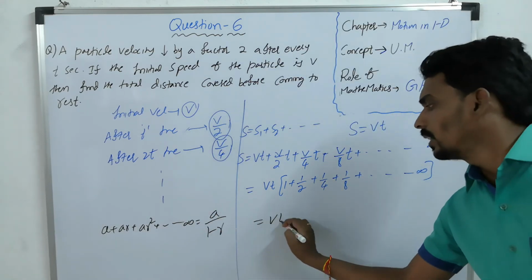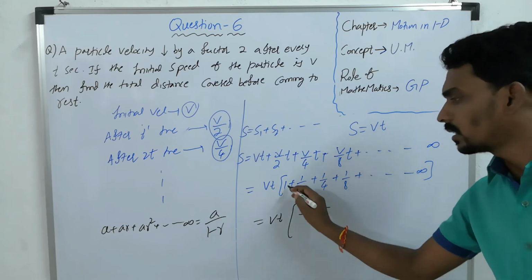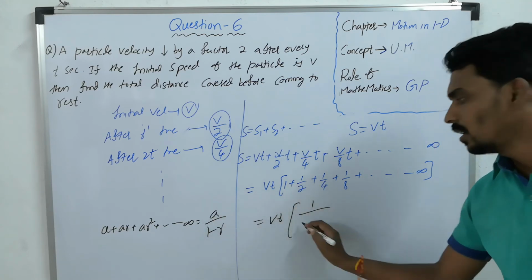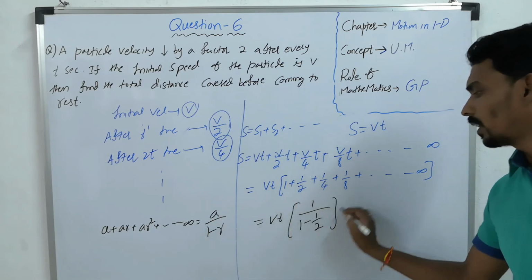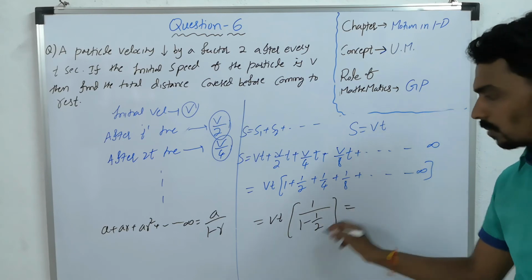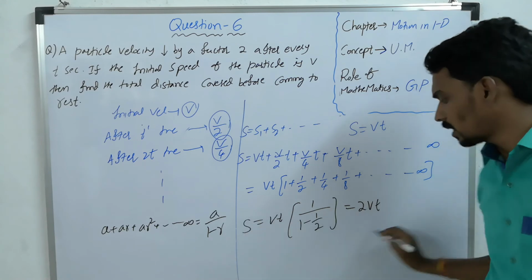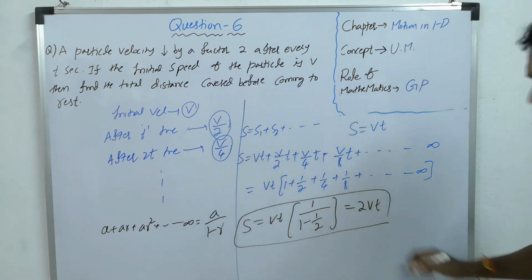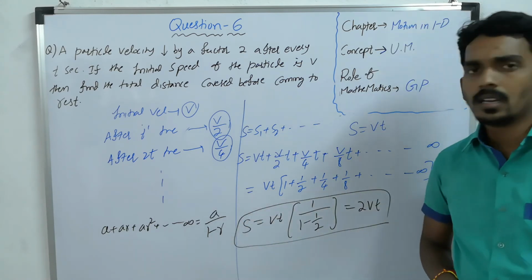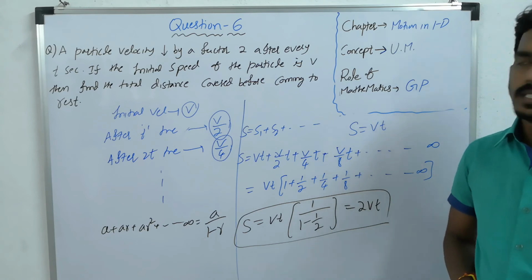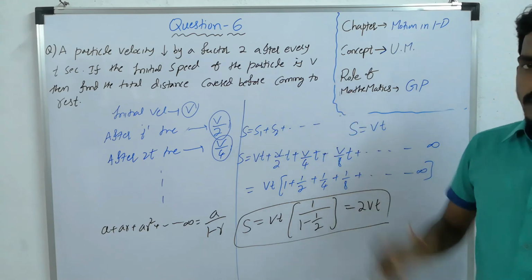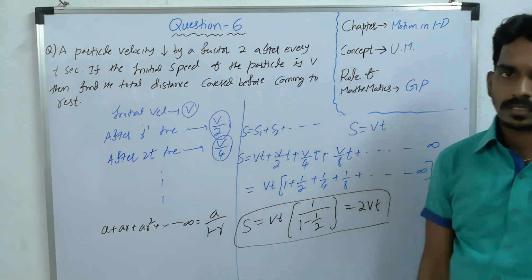Similarly here, vt into 1 by 1 minus 1 by 2, which is 1 by 2. So 2vt. So the total distance covered is 2vt.